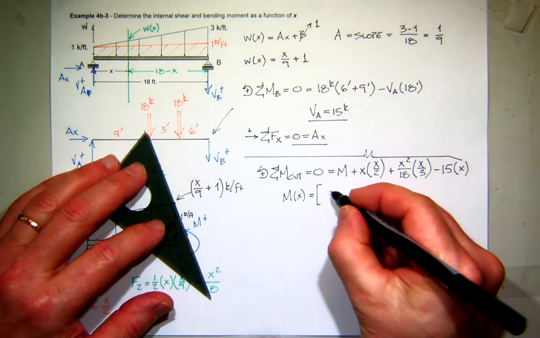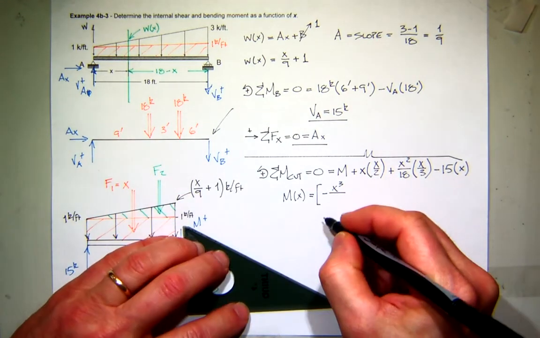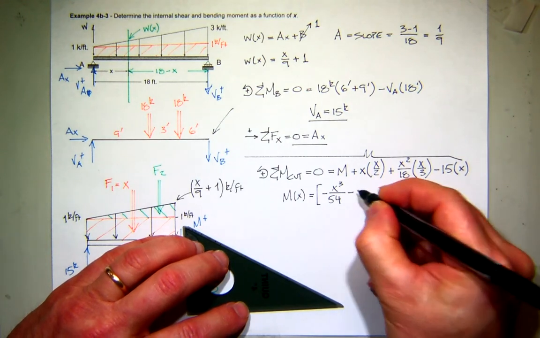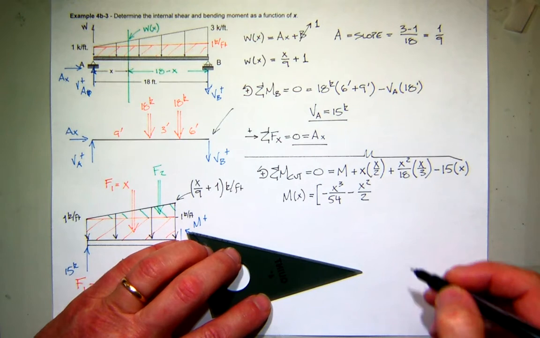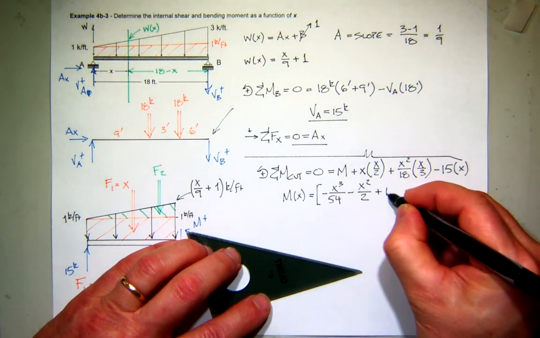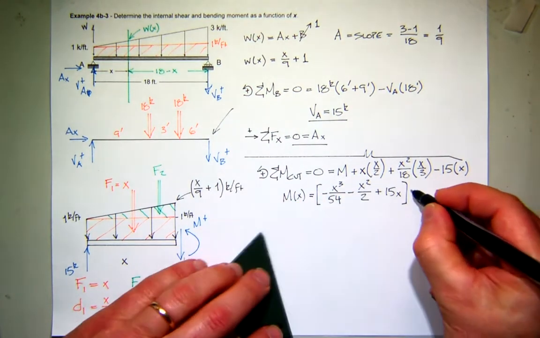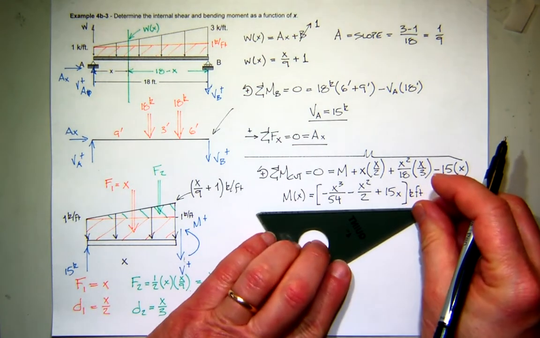So that would be minus x cubed over 54 minus x squared over 2 plus 15x. And that should have the units of kip feet. So there's my moment expression.